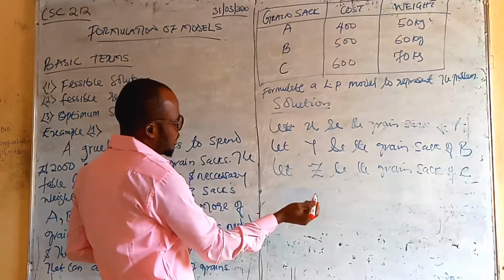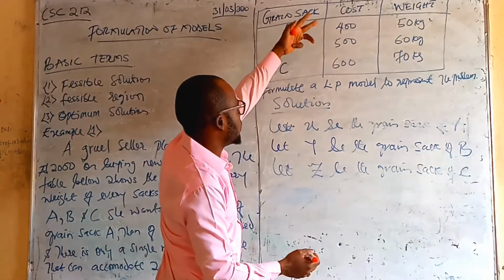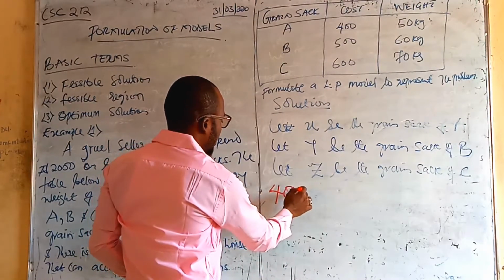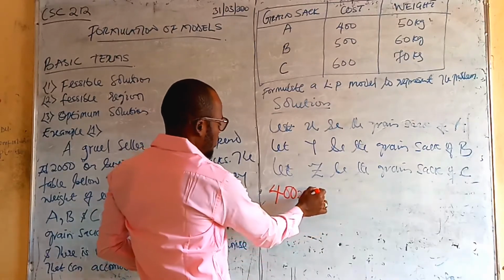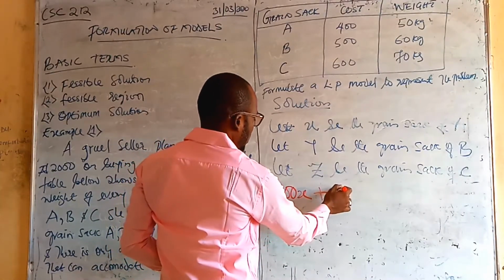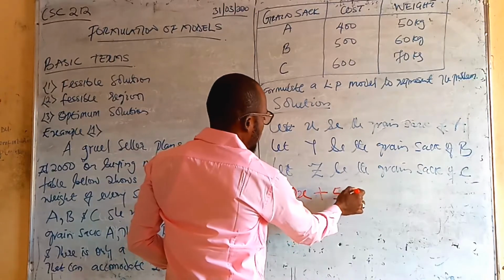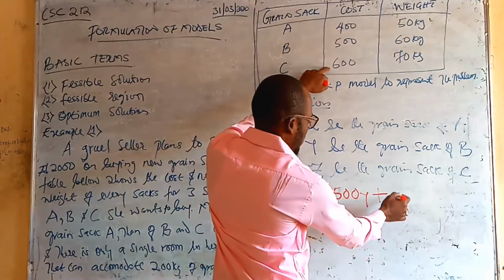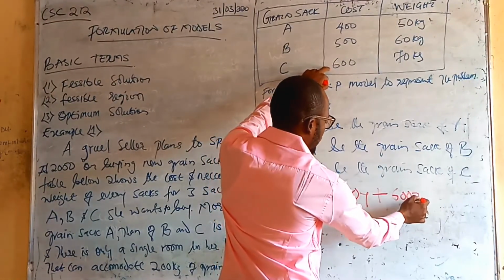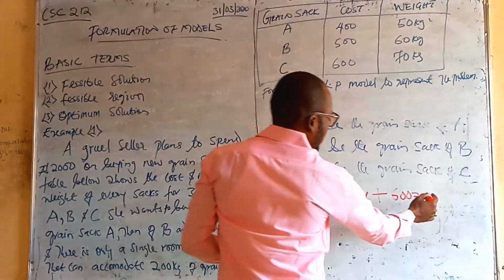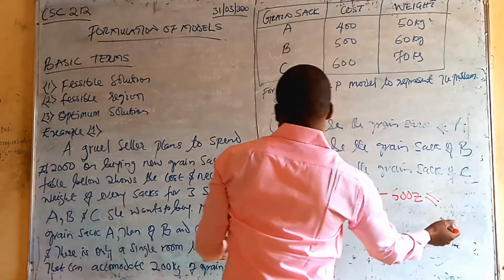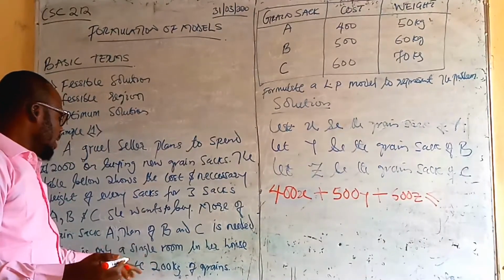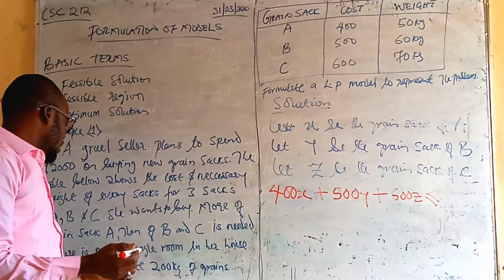So we take the cost of each grain sack: 400x plus 500y plus 600z is less than or equal to 2,000.